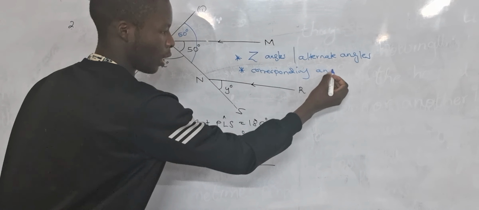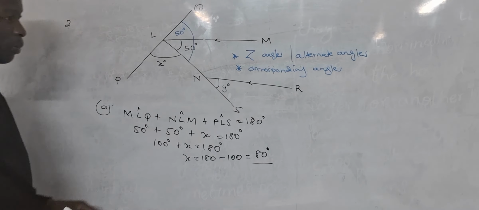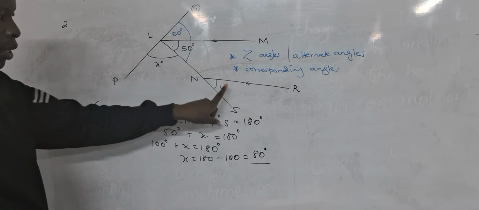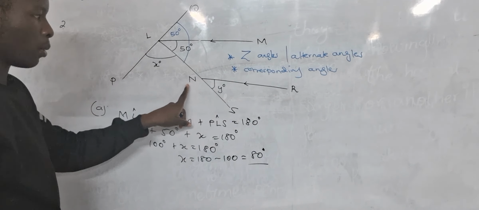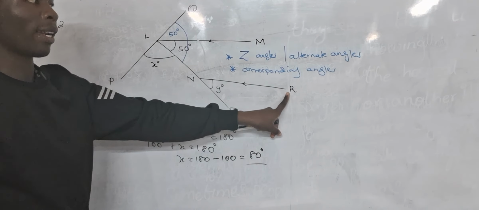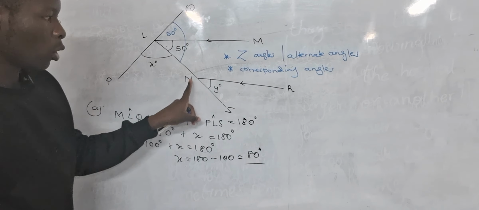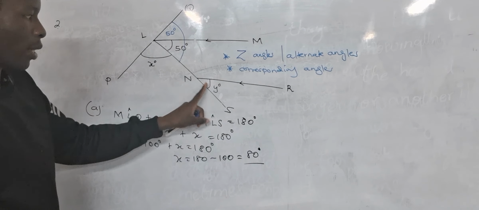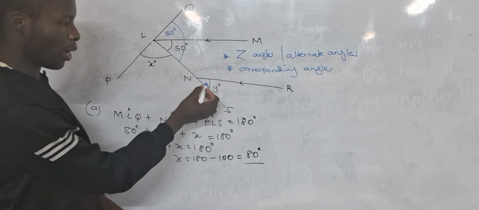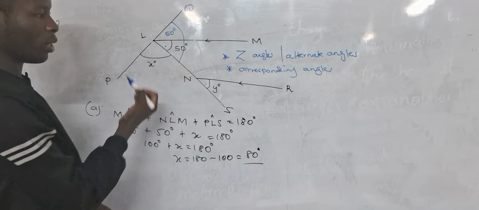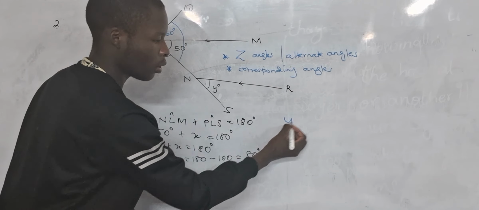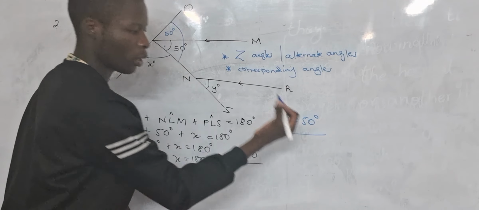Corresponding angles. So if you check, line LM is parallel to line NR, and this line is running from LM to NR. It means this angle corresponds to this angle, so y is equal to 50 degrees.